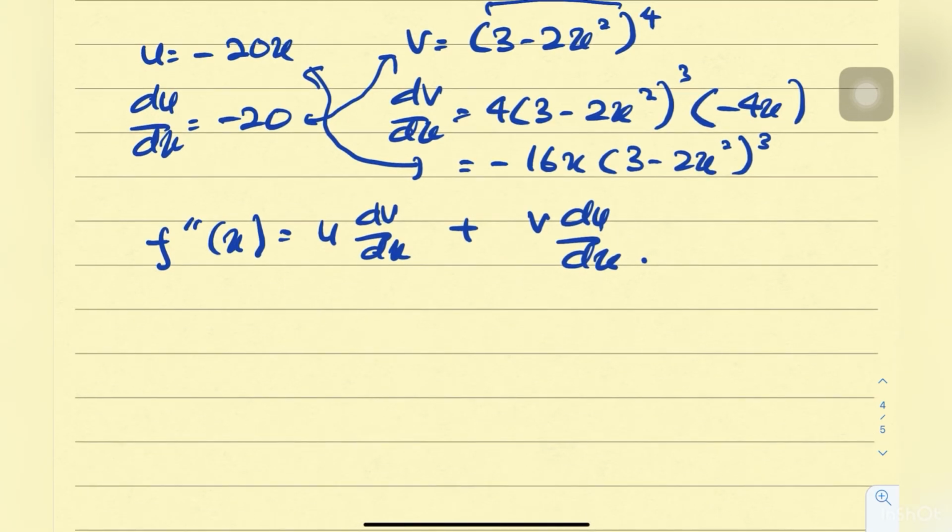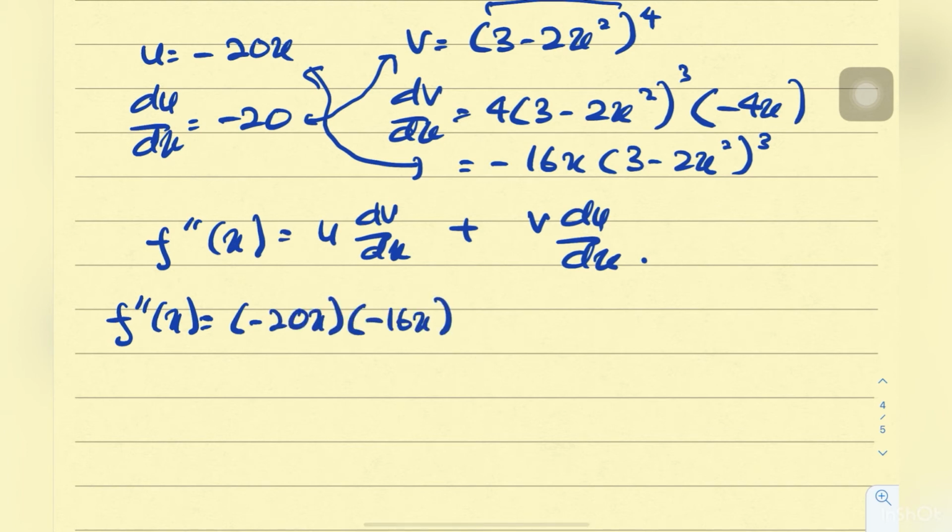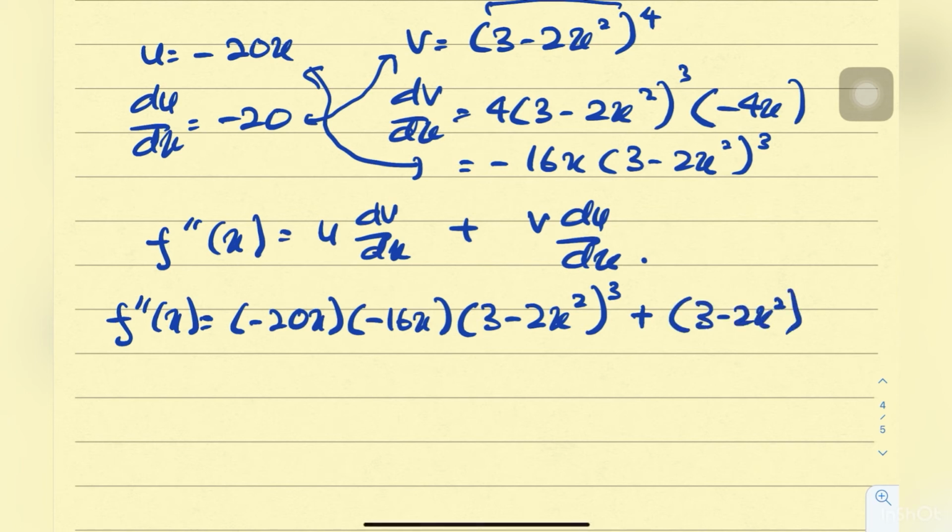So f double prime x equals u first, negative 20x, times negative 16x (3 minus 2x squared) cubed, plus v, (3 minus 2x squared) to the power of 4, times negative 20. Then you just simplify.